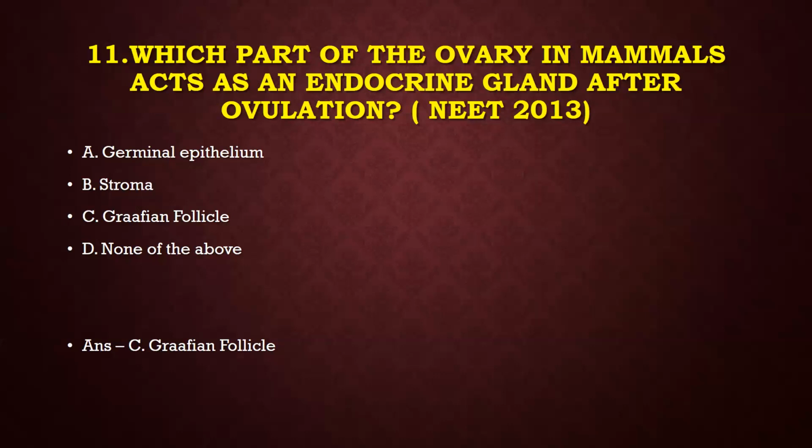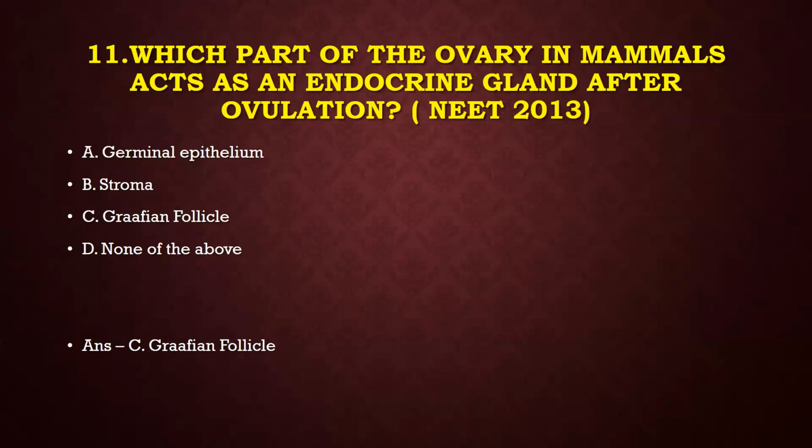So what is this corpus luteum? After the 13th day, on the 14th, when the ovum is released, the Graafian follicle matures into a corpus luteum, a yellow color body, and works as an endocrine gland.